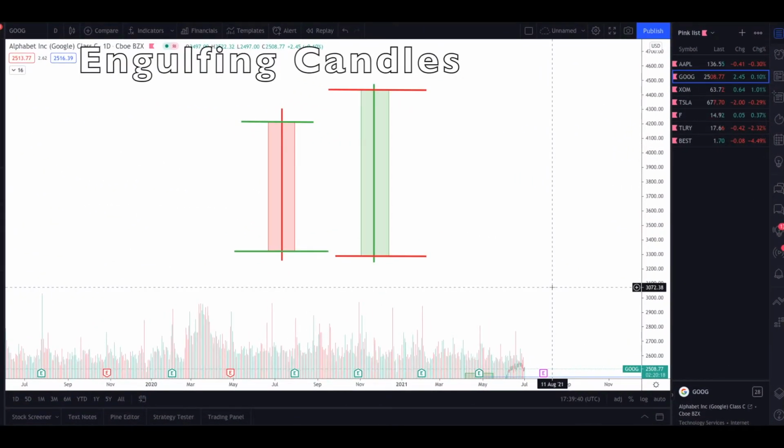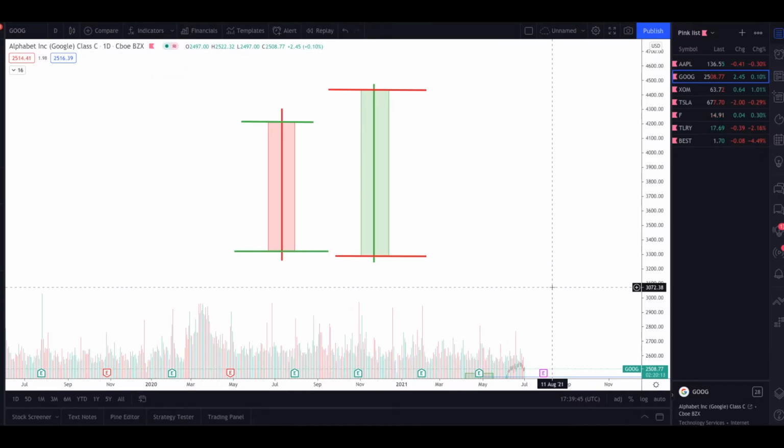Next up are engulfing candles. Same thing goes for them: they need to happen at a new high or a new low. This is a combination of two candles. For the bottom signal, you have a huge red solid candle, and then the next candle opens below this close and engulfs the entire last candle with a big reversal. The combination of these two is called engulfing candles.